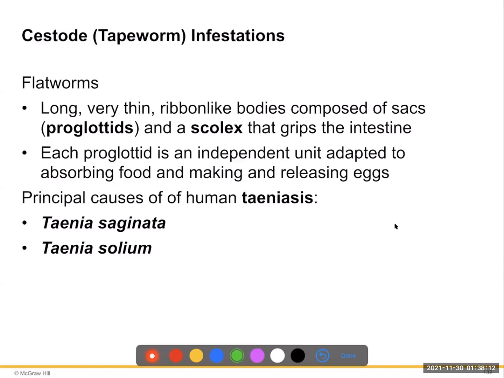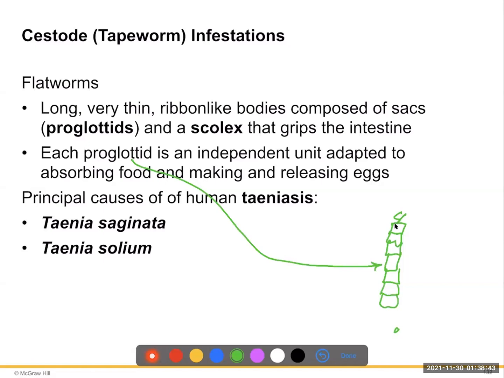Here's your tapeworm, here's its head, and here's its tail, and it's got segments. All these segments make up the body. I'm not a great artist, but every segment here is a proglottid. Every segment has a sac of eggs, and it's used for replication, for absorbing food and making and releasing eggs as the proglottids are shed.